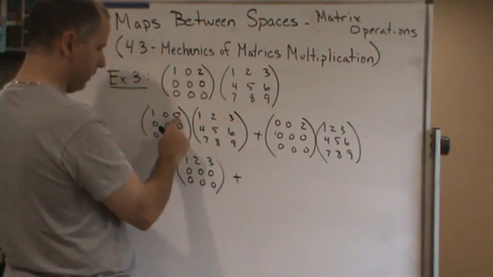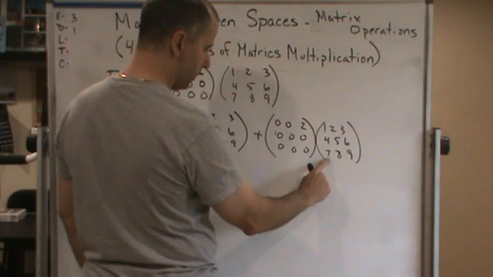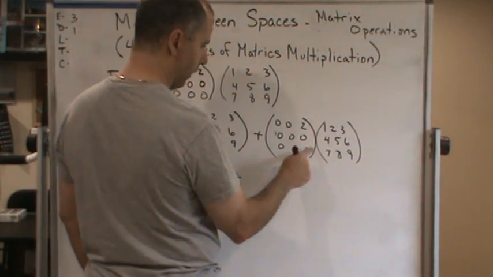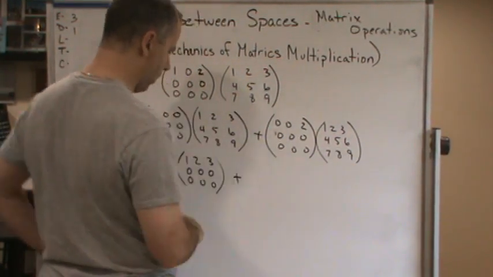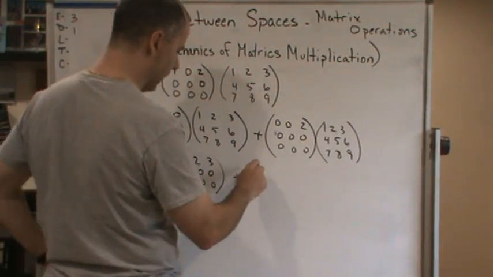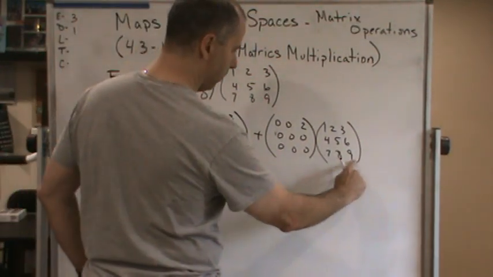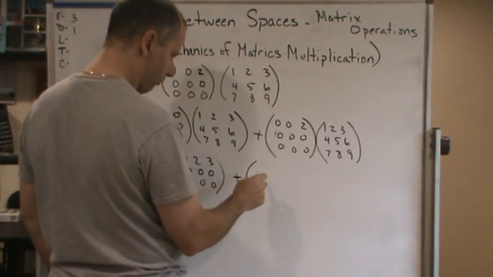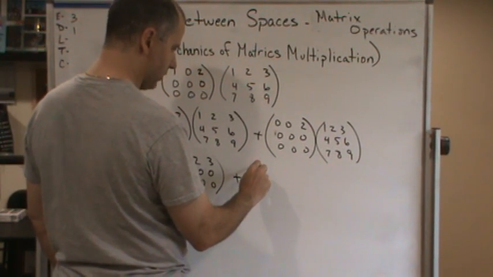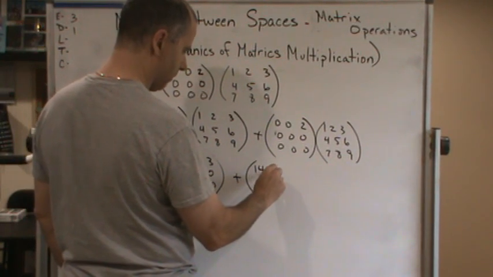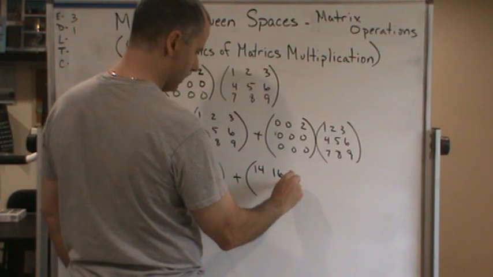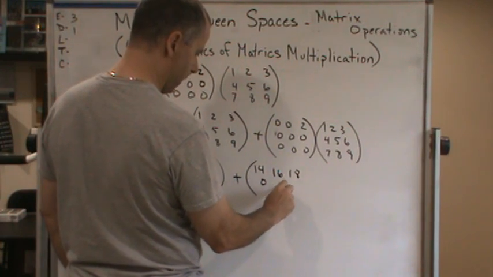But now that this is here, now it's repeating this one, but it's still going to be in the first row. So what we're going to end up getting is double of this. Okay, so this will be 14, 16, and 18, and then the rest are zeros.